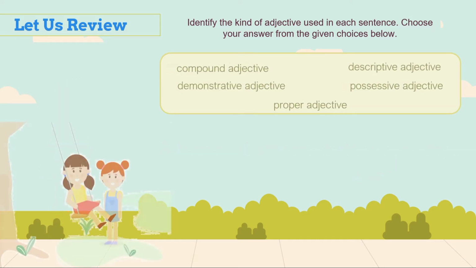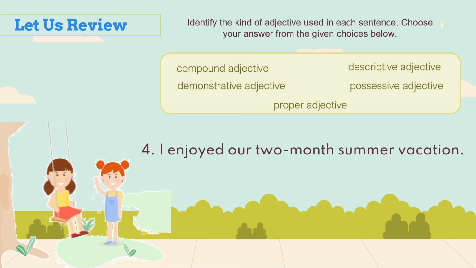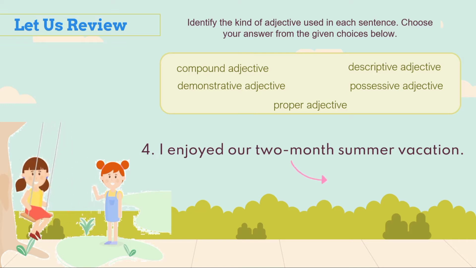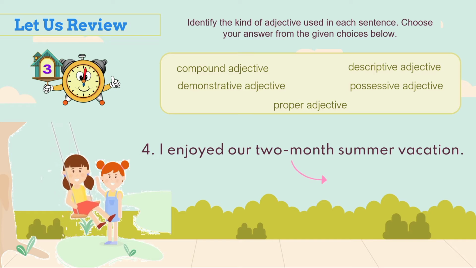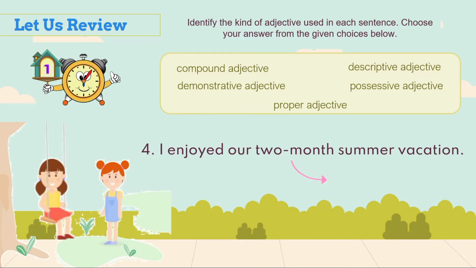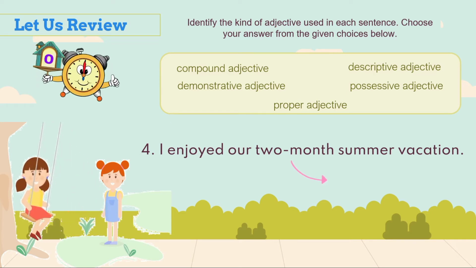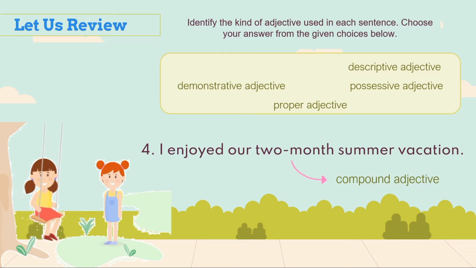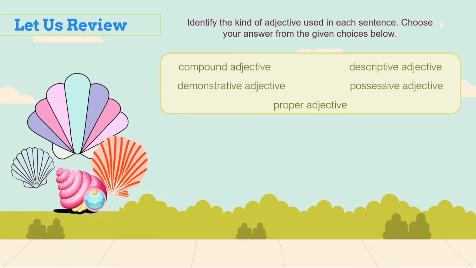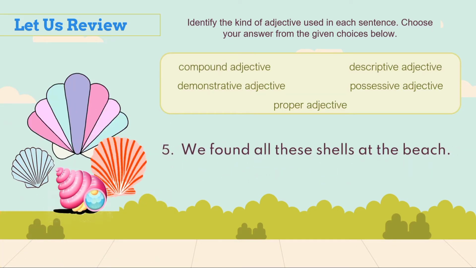How about number 4? I enjoyed our 2-month summer vacation. The adjective used is 2-month. What kind of adjective is that? A compound adjective. Very good. How about number 5? We found all these shells at the beach.